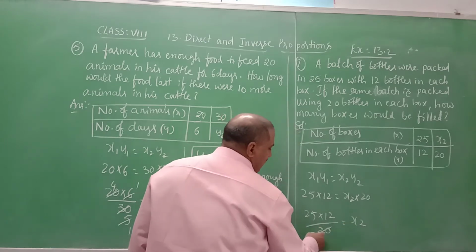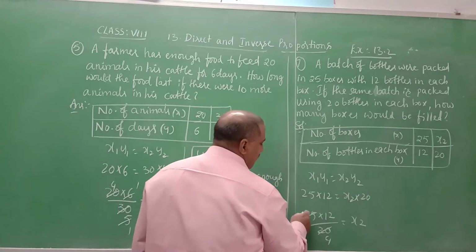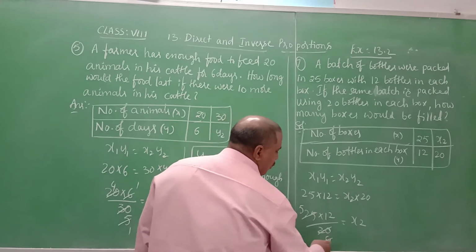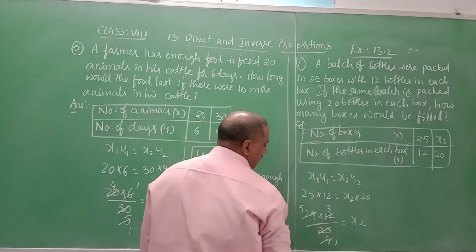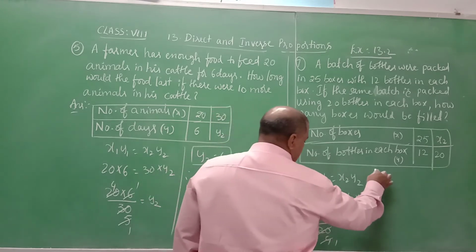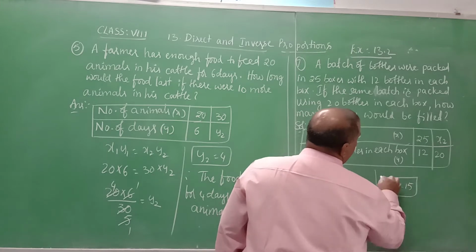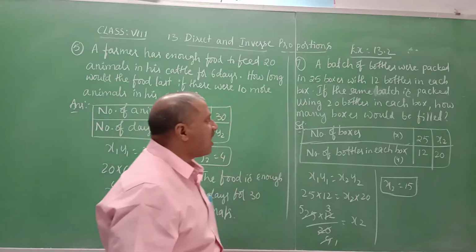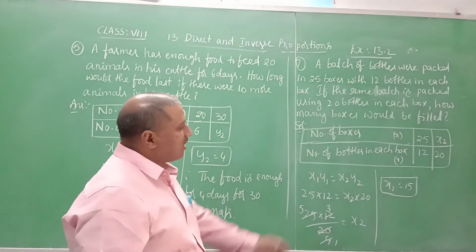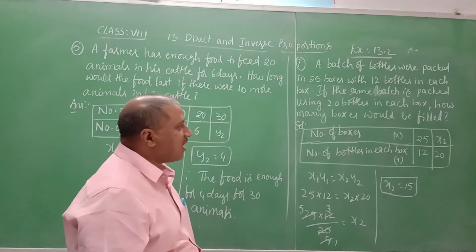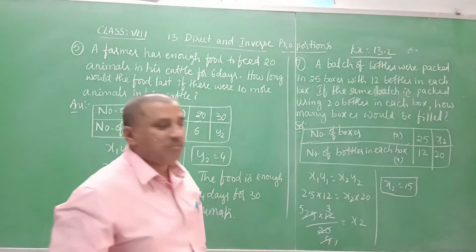Now 5 fours are 20, 5 fives are 25, 4 ones are 4, 4 threes are 12, so 5 into 3 is 15. Now x2 equals what? 15. So how many boxes are needed? 15 boxes are needed to fill the bottles.